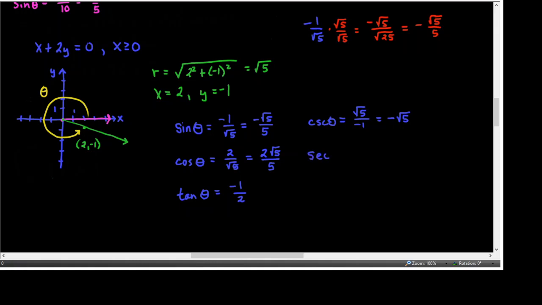Secant of theta is r over x. Square root of 5 over 2 is simplified. And cotangent of theta is x over y, which simplifies to be negative 2. All right.